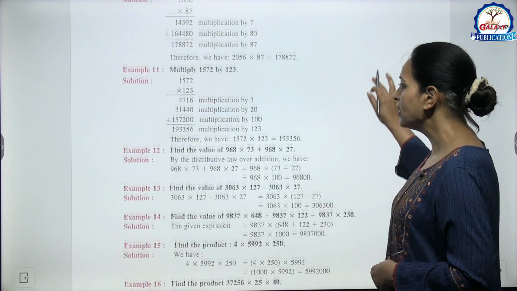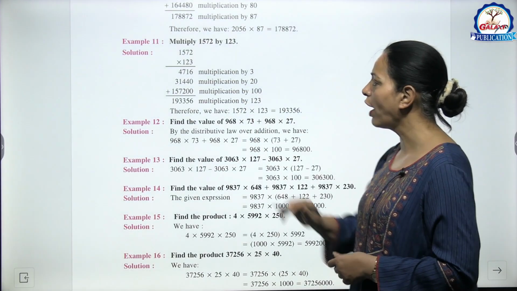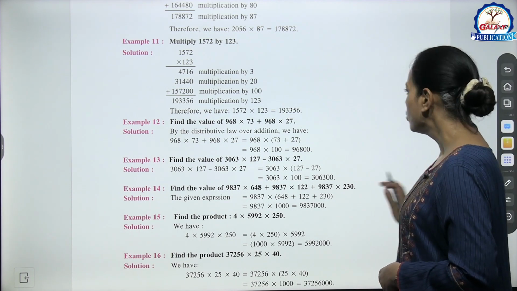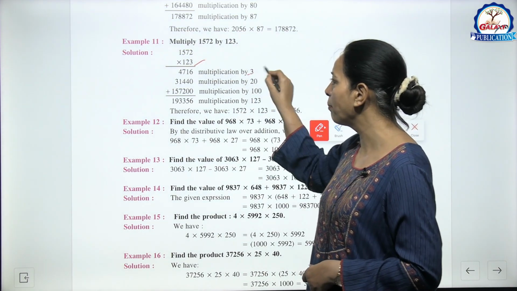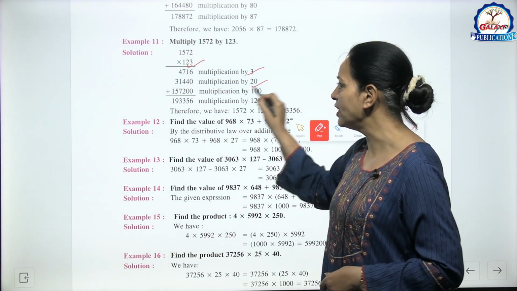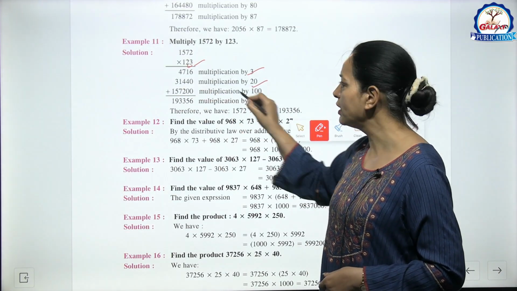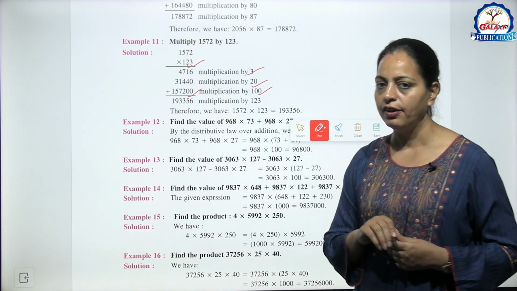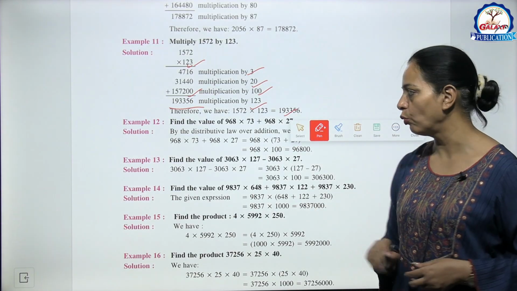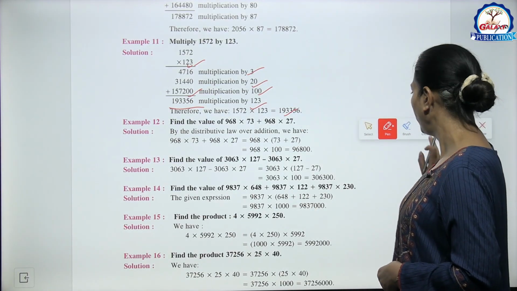Now next, multiply 1572 by 123. So what to do? First multiply by 3, then multiply by 20. Okay, then multiply by 100, then add all these. This is the value, right?